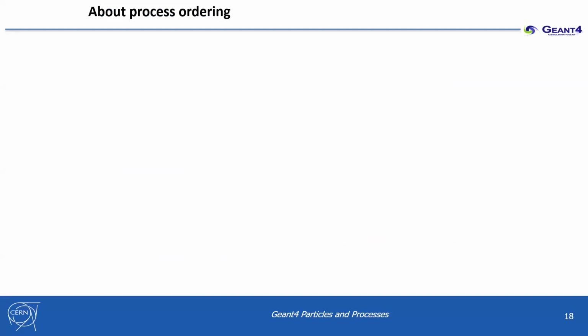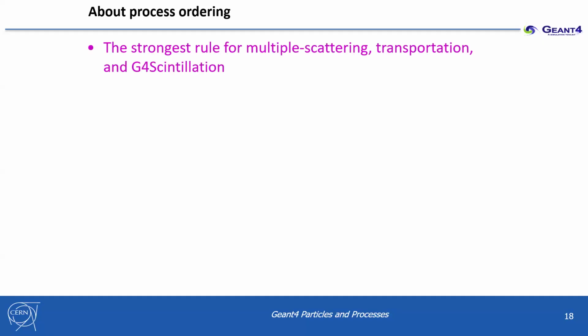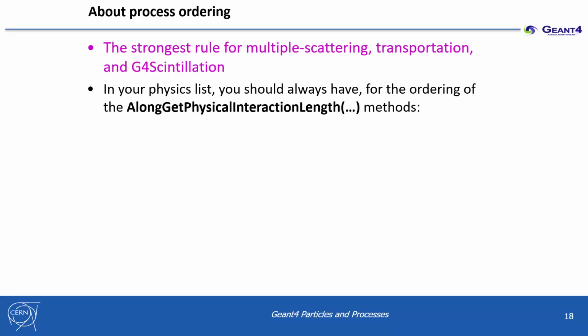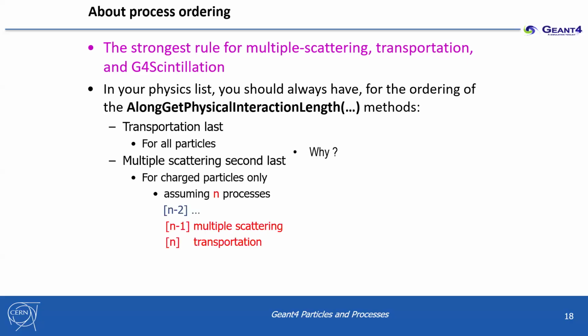A few illustrations about process ordering. The strongest rule for multiple scattering and transportation is that you need to use the correct order of processes.